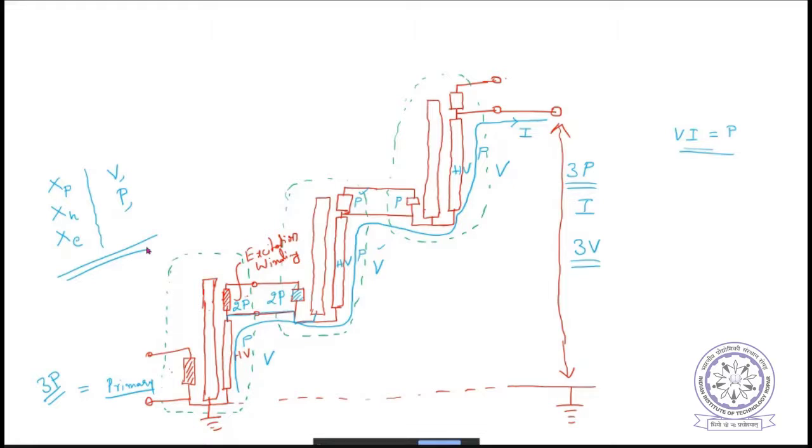How to proceed actually? First, we'll find Z base for all these transformers, for the primary side and the secondary side, and then convert them to per unit values, and then we can add them.